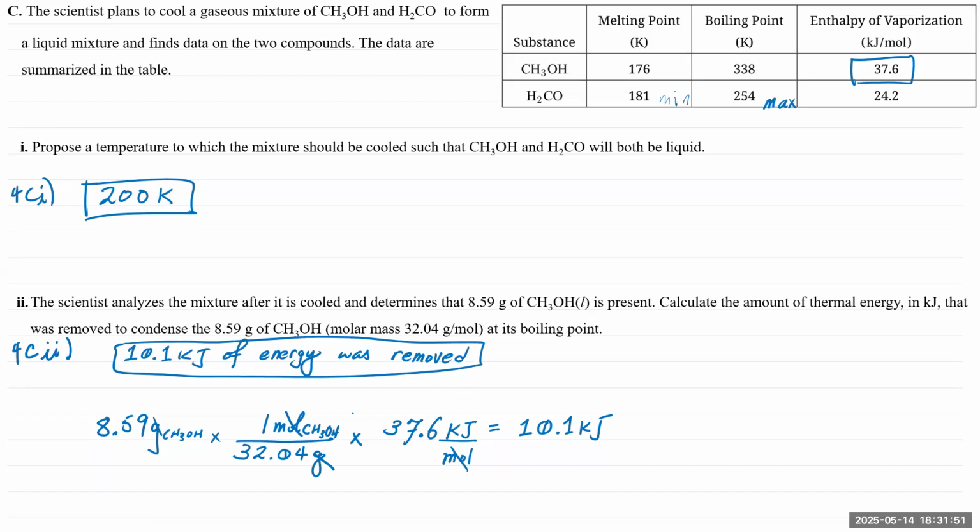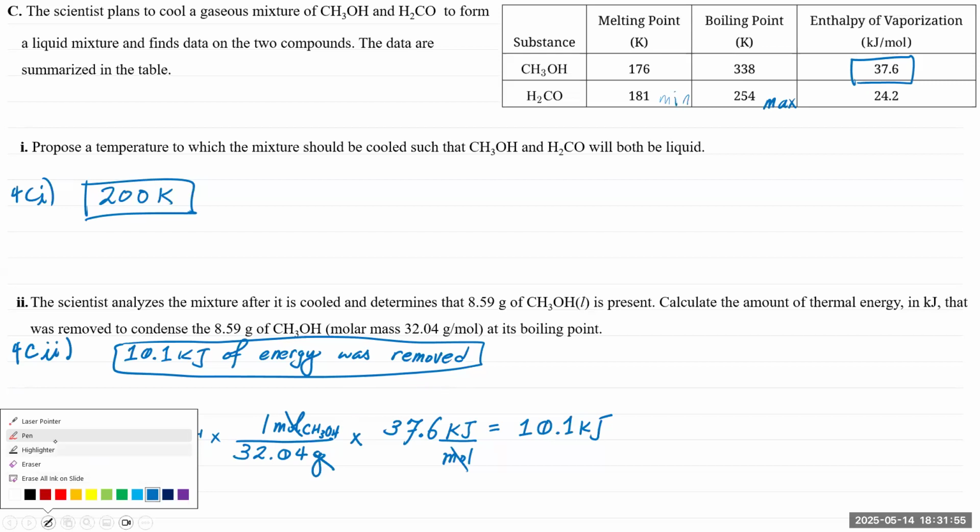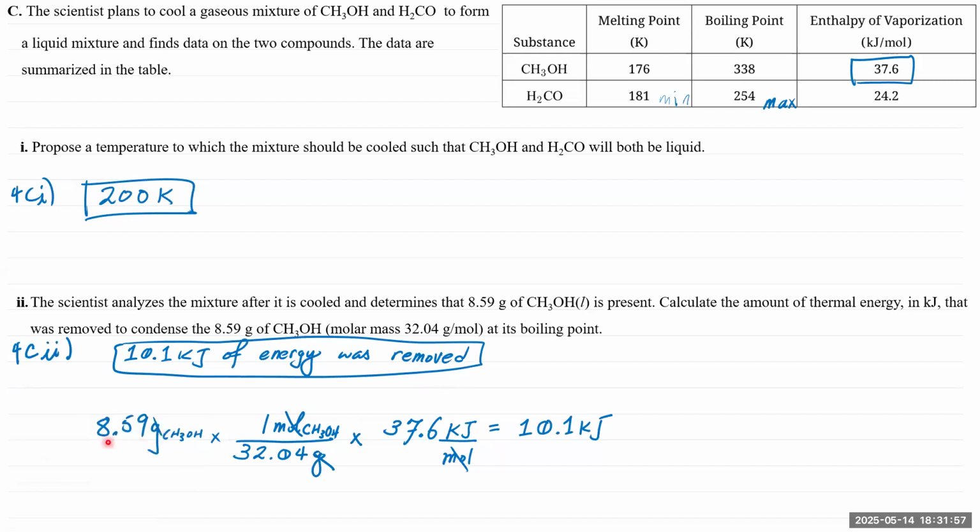So I'm guessing that you're going to get a point for calculating the number of moles, and then you're going to get a point for that. That's 2 points. And then you'll get a point for this. That's 3 points.